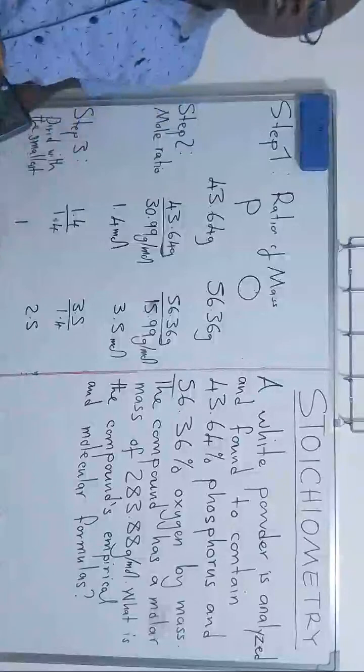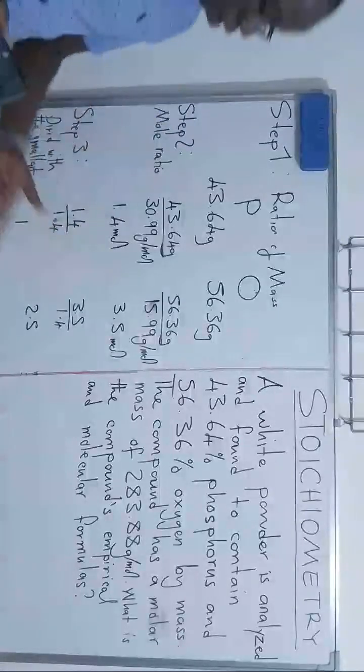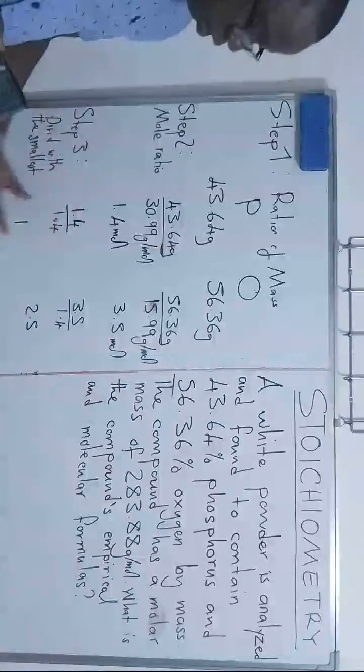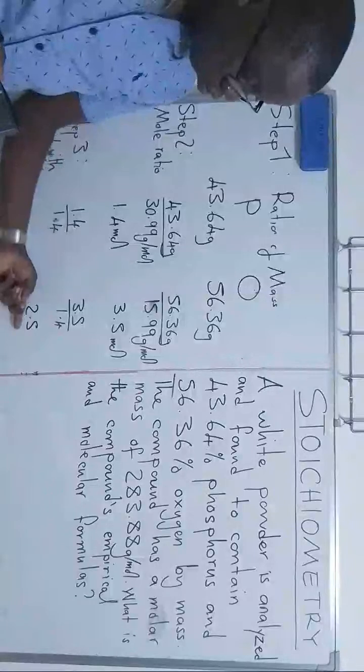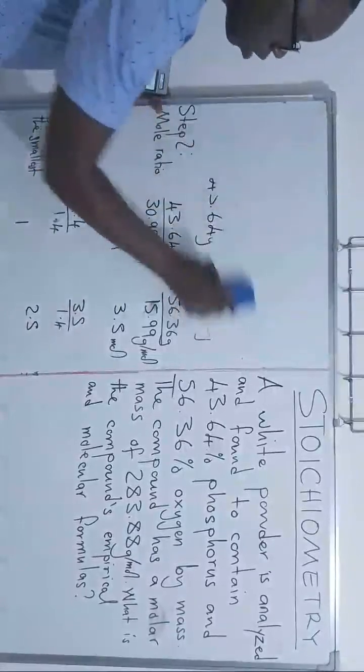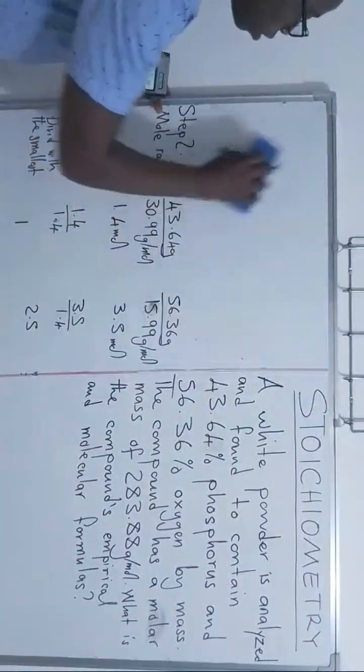Now, when you have reached this stage, you simply now have to find a multiplying factor that can help you to have this as a whole number. So let's clear the first part here so that we see what we mean.